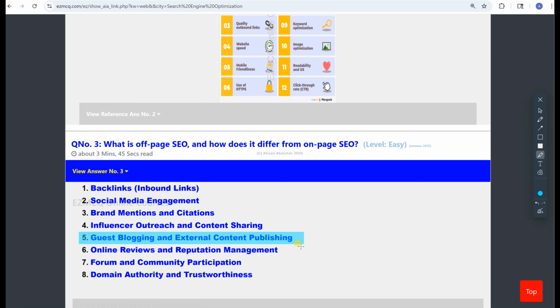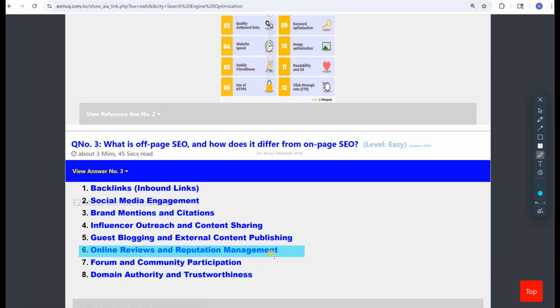You can also do guest blogging, because you can write for reputable external sites, and that would help build backlinks. This is not internal, but an external content marketing strategy. Of course, this is going to complement your on-page content, but it is targeting not the visitors to your website, but audiences beyond your website. So there's a big difference.